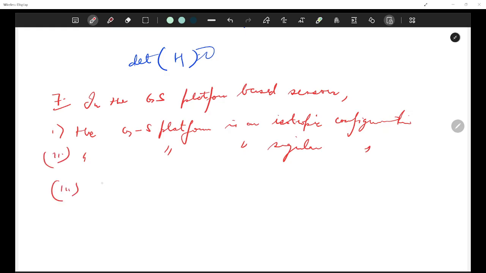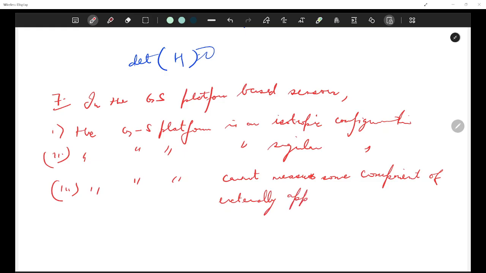In the third, the GS platform cannot measure some component of externally applied moment.